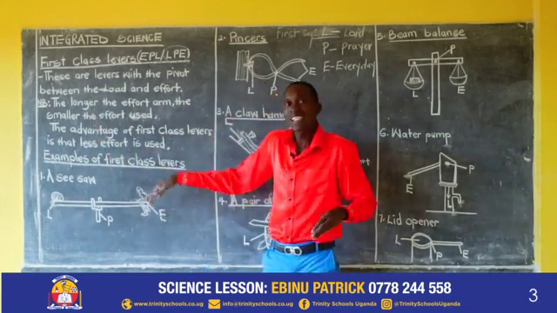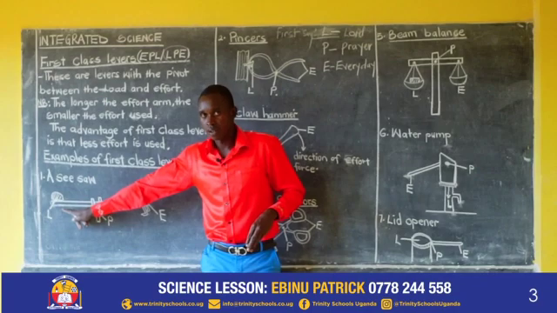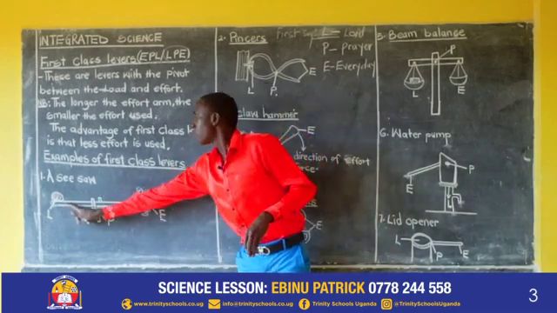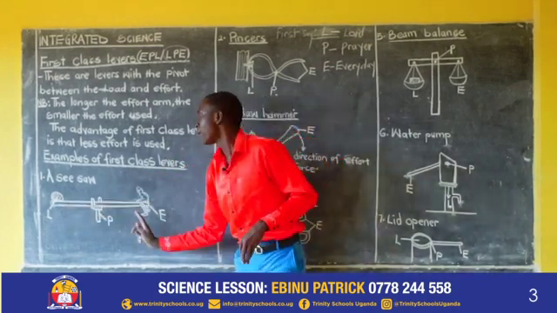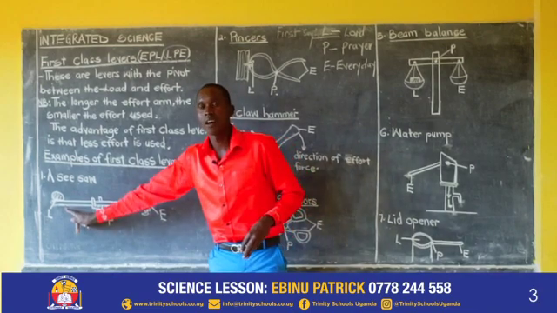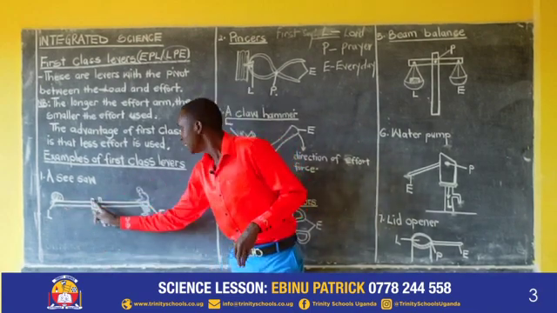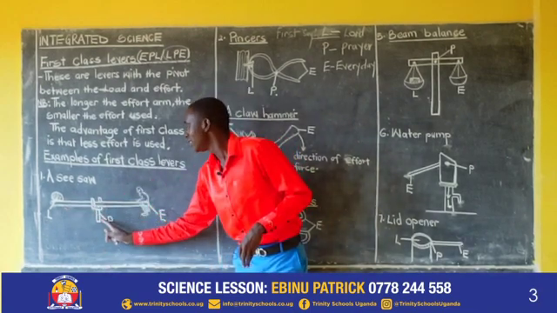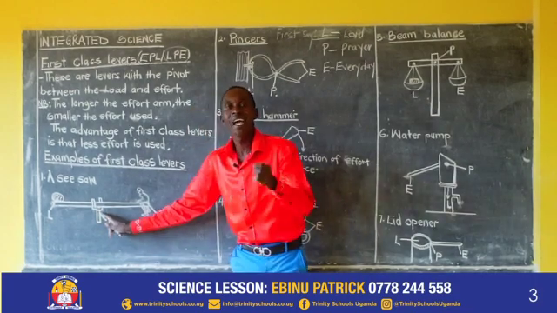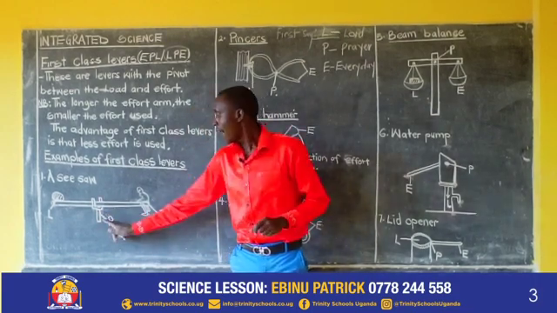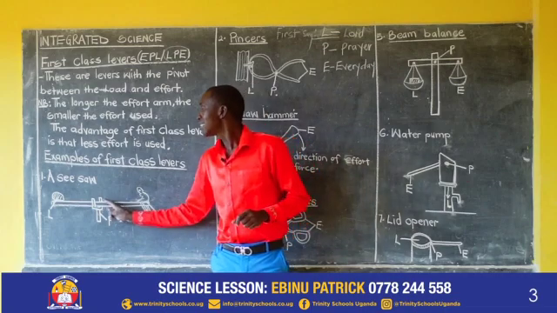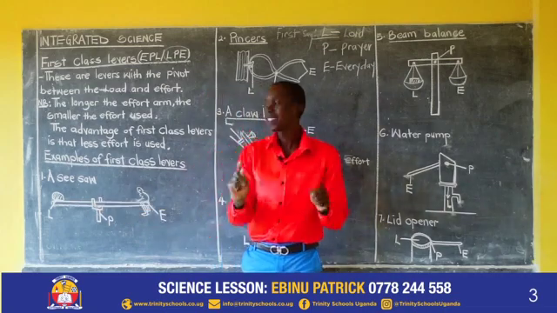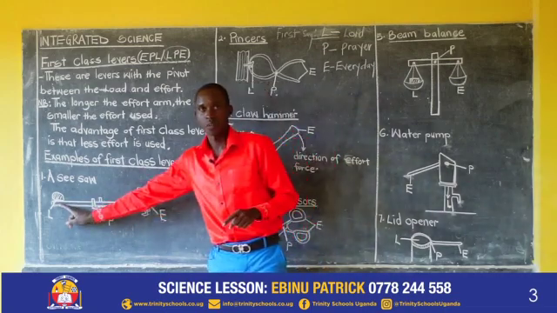So this boy is the effort, while the stone is the load. The point at which this stiff rod rests, where this P is, is the pivot, where this lever has to turn to balance the boy and the stone.